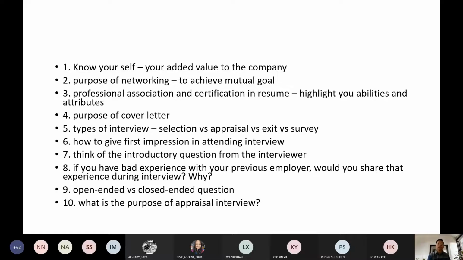Number 3, professional association and certification in resume: highlight your abilities and attributes. What could the question be? You notice it is about abilities and attributes, about professional association and certification in resume.